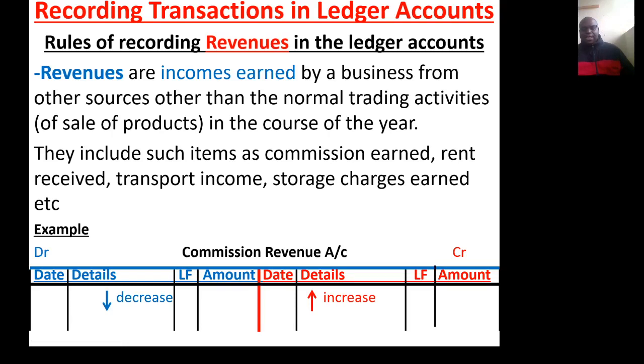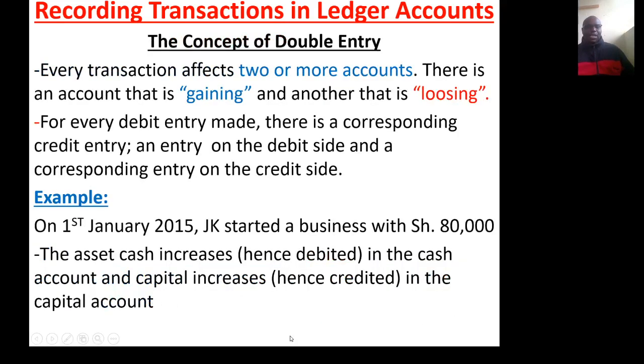And an increase in revenue is recorded on the credit side and a decrease on the debit side.